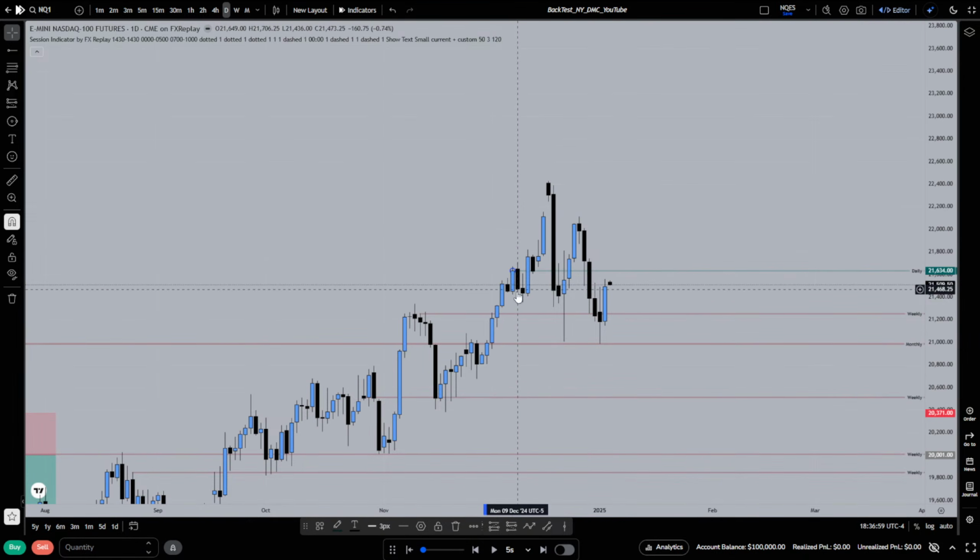So we have a high, a low, and then we break above it. We revisit it and we go further higher. This level has been untested. So when we come back, we start breaking below the level, this daily level.